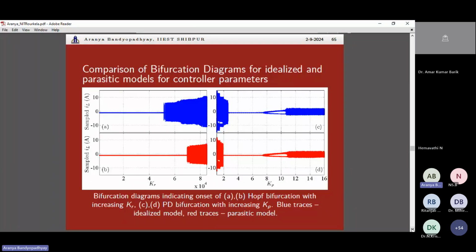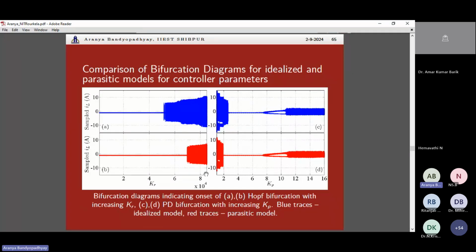And let us just take a look at the bifurcation diagram for simplicity at this stage. What are we seeing? In this case, due to incorporation of the parasitic elements, there is a delayed onset of Hopf bifurcation also in case of the PR controller.